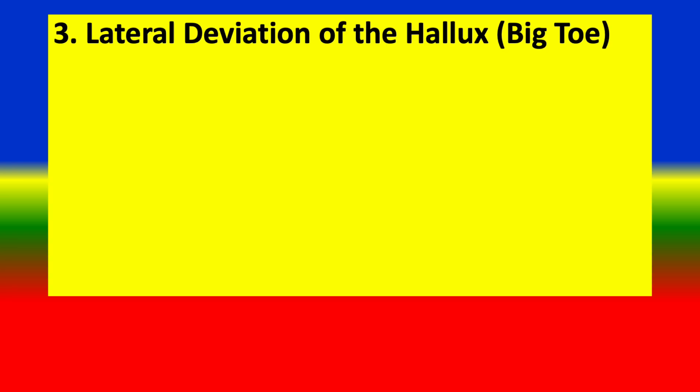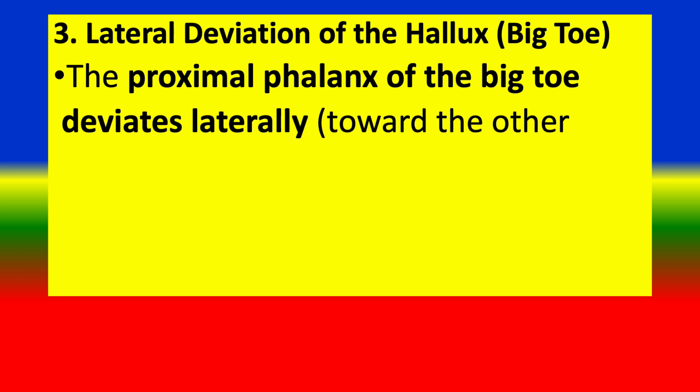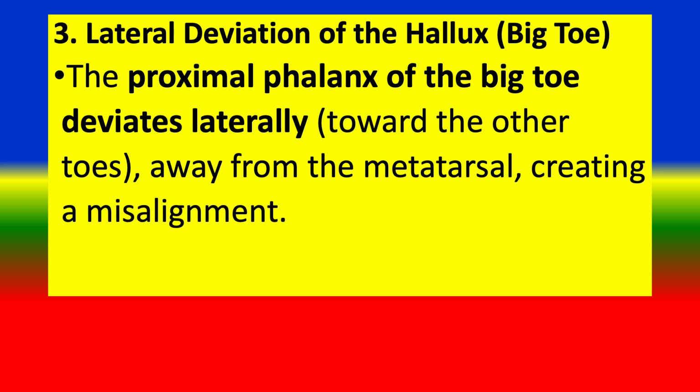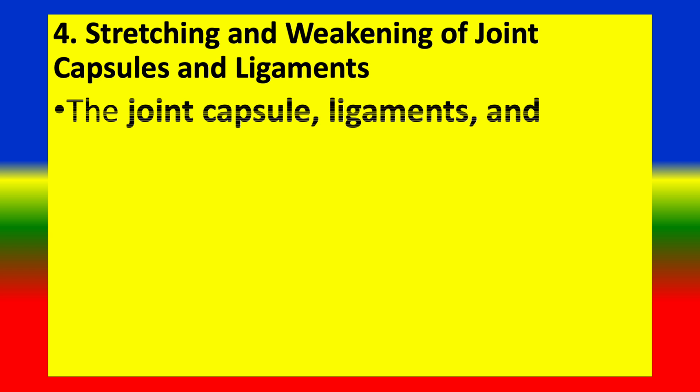3. Lateral deviation of the hallux, the big toe. The proximal phalanx of the big toe deviates laterally towards the other toes, away from the metatarsal, creating a misalignment. 4. Stretching and weakening of joint capsules and ligaments.